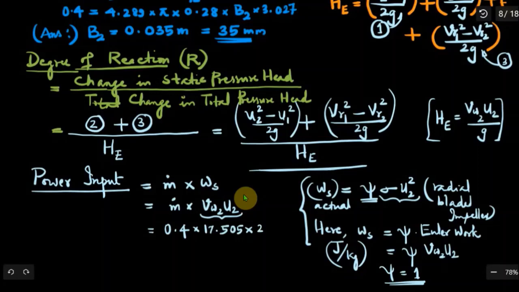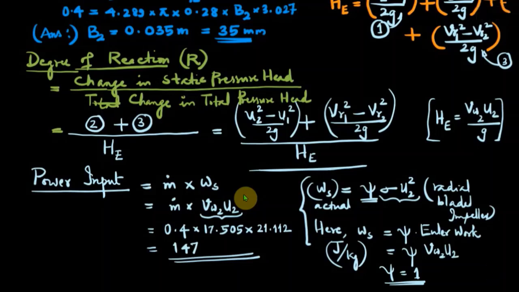Your U2 is 21.112. So please check the calculation part, and in this case you will get the power input as 147. It's less actually compared to the other cases we dealt with already. 147 point some watts only here, hundreds of watts only. So 147.82, around this value. Please verify the calculation part.